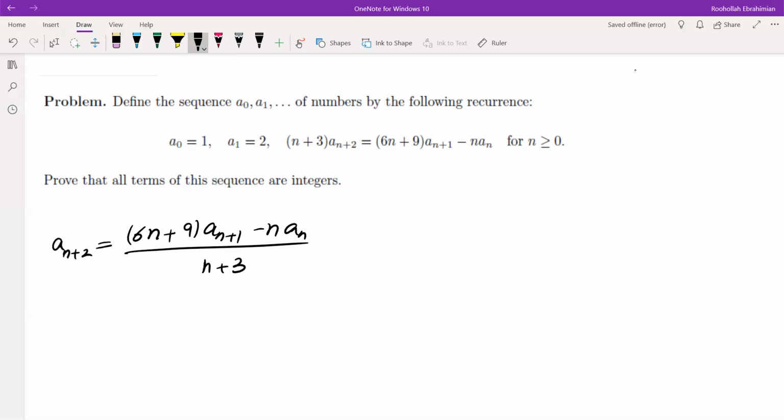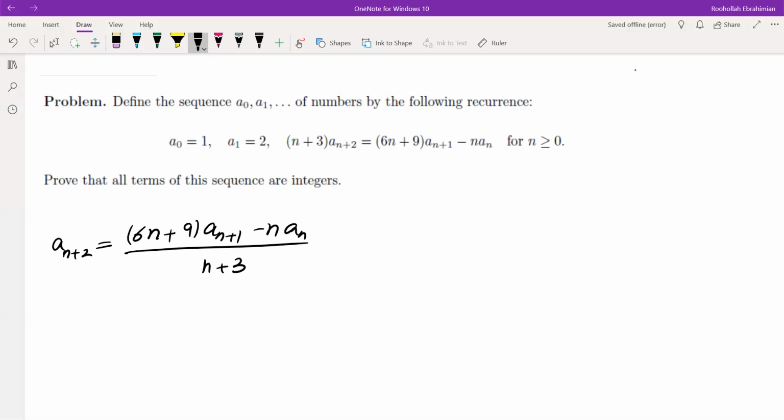You would have to somehow show that the numerator is divisible by n plus 3. But you might think that maybe I can use induction to prove that the numerator is divisible by n plus 3.